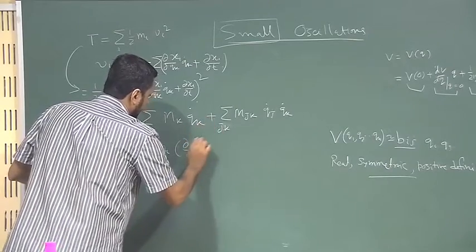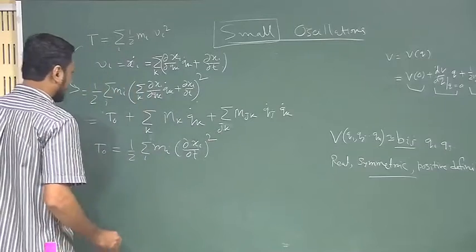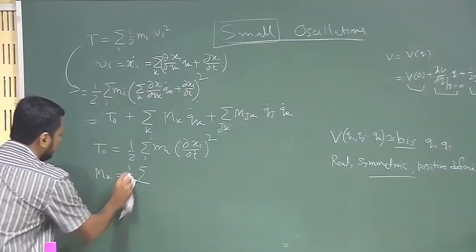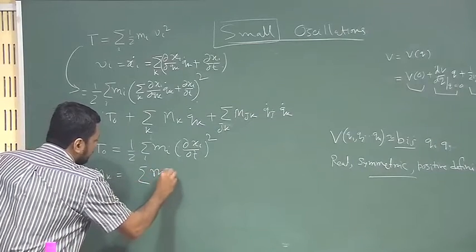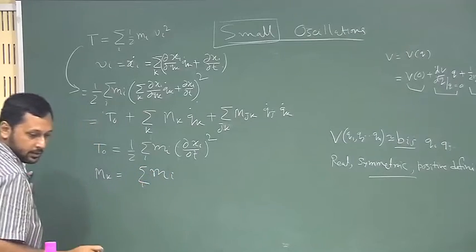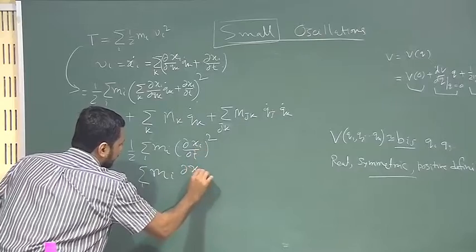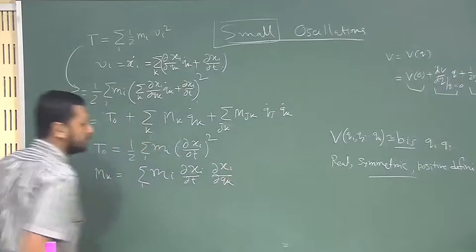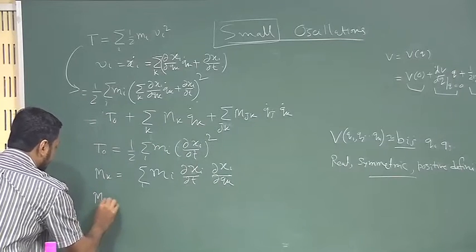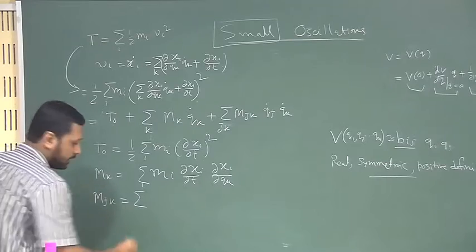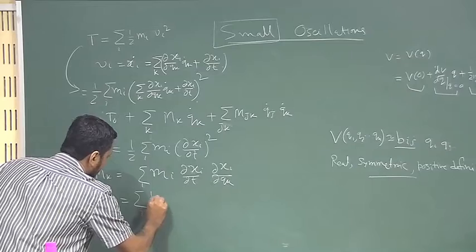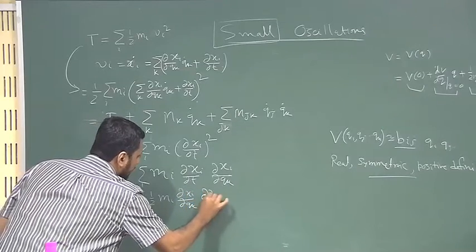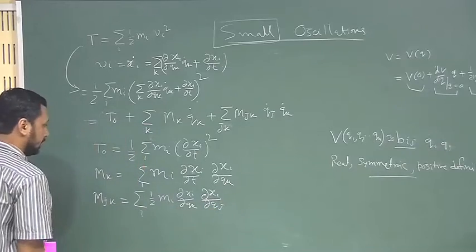del r i or del x i del t whole square, okay, whereas m k is given by sum over i m i del x i del t del x i del q k, okay, and m j k is sum over i half m i del x i del q k del x i del q j, right.